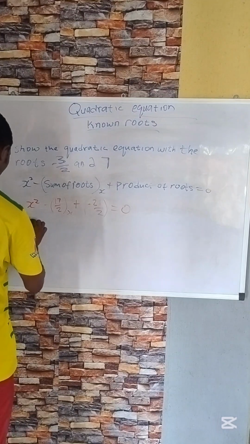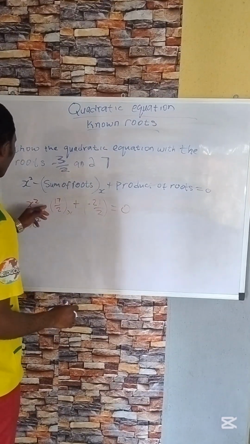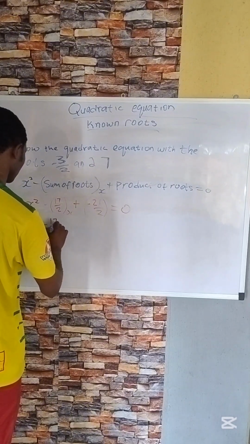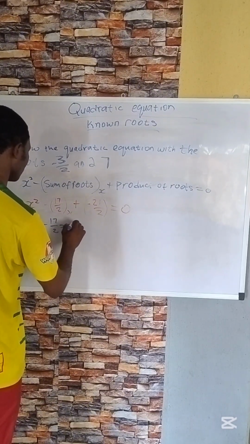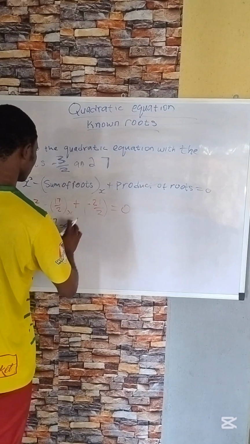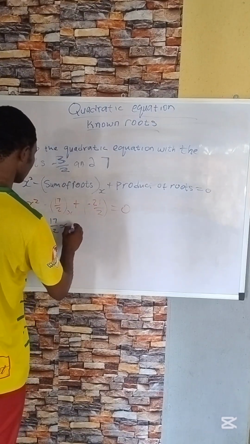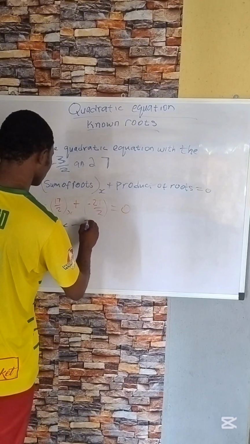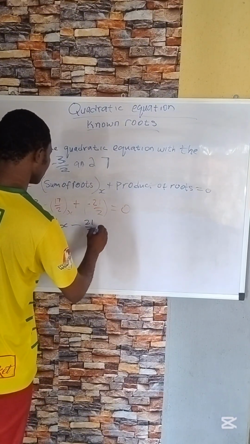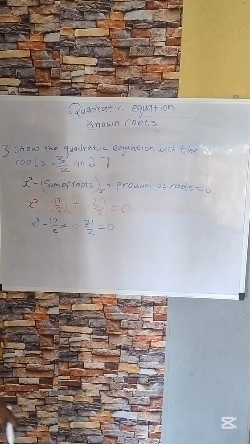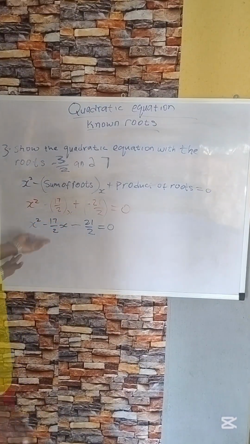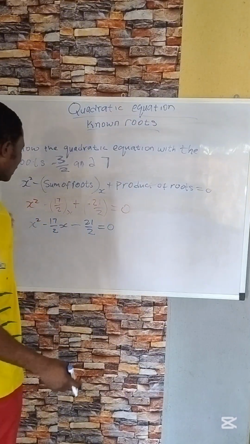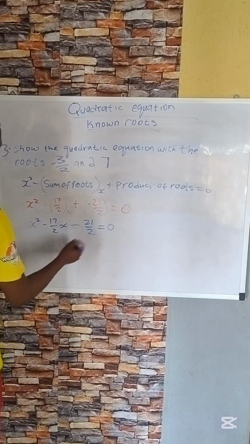So x squared minus 11 over 2 x, then negative times positive is negative, so minus 21 over 2, equal to 0. So this is what we now have. Let's remove the fractions and make them whole numbers. We multiply the left-hand side through by the LCM, which is 2.